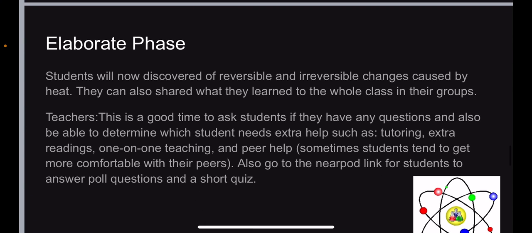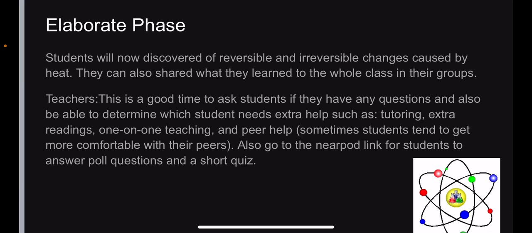For the elaborate phase, the students will now discover reversible and irreversible changes. They can also share what they learned with the whole class or in their groups. And teachers, this is a good time to ask students if they have any questions, because you can help them one-on-one.